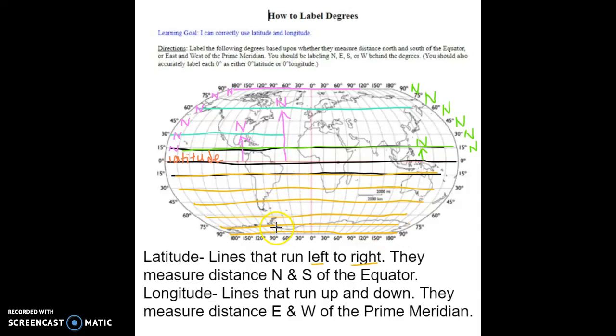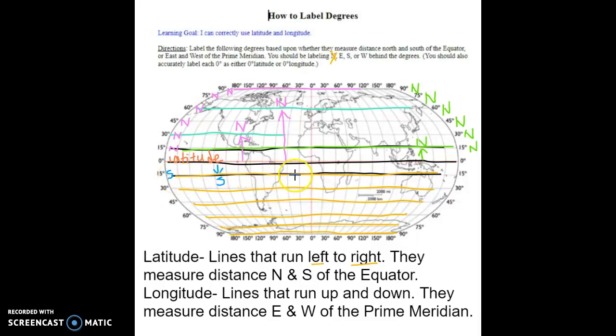In order to figure out whether or not these should be east, south, or west, because we've already labeled our north, we have to say, again, where do we start? We start from 0. So at 0 degrees, we say, all right, let's start at this latitude line, and let's go to this 15-degree line. To get there, we had to go the direction of south. That means this is 15 degrees south of the equator.